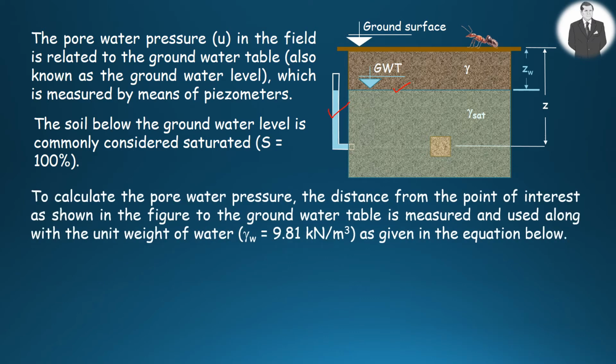Now, in order to calculate the pore water pressure, the distance from the point of interest, as shown in the figure, to the groundwater table is measured and used together with the unit weight of water, as presented in the equation here.